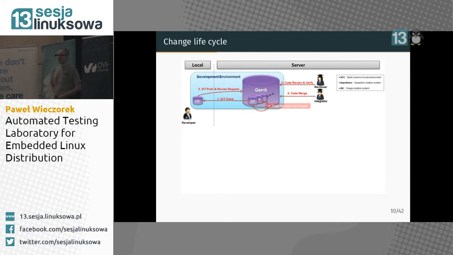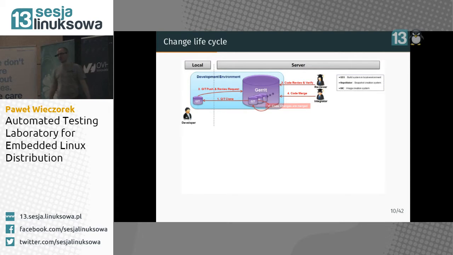Developer creates patches and then pushes them to Gerrit, which serves us as a review system. Then reviewer checks if a new patch is proper, if it could be merged, and verifies it. Once it is verified and checked by reviewer, integrator merges new patches to the proper Git repository. And for most of our developers in Tizen, that would be all. That would be the complete change lifecycle.